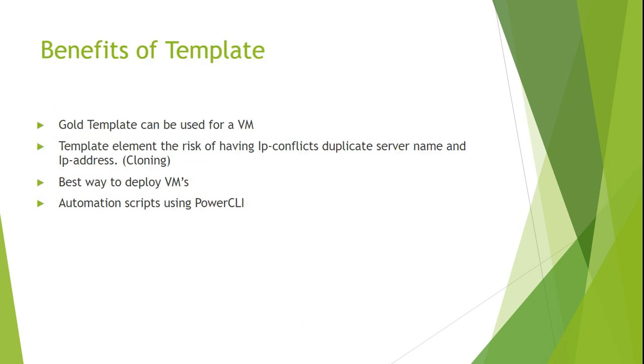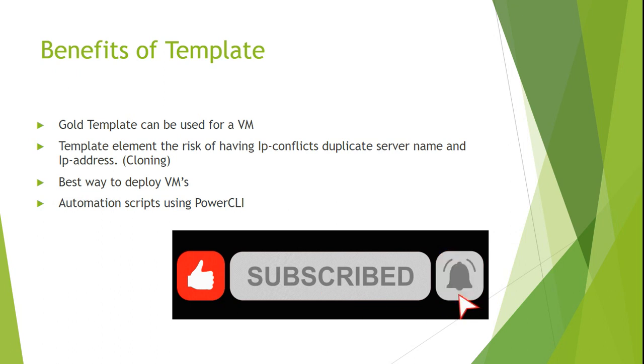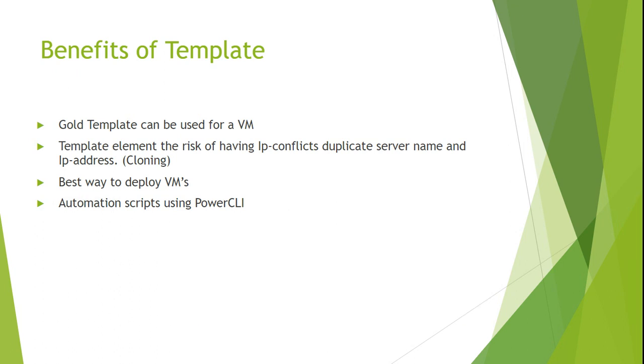As I said, you make your golden template. A golden template can be used for VMs. So for deploying a VM, you have your golden template and you use that. A template eliminates the risk of IP conflicts, like duplicate server names and IP addresses. When you deploy using the template, you can customize it to a level where you can give the name of the server, and give a new IP address if you want to.